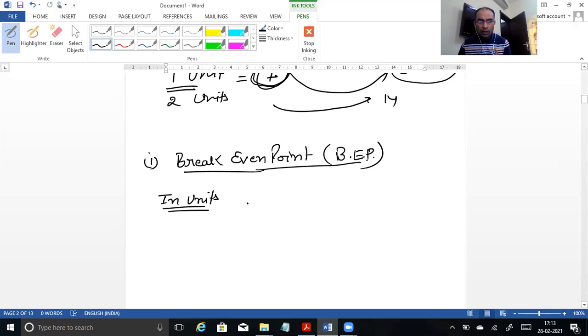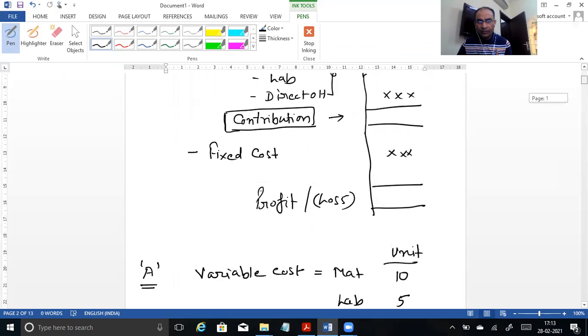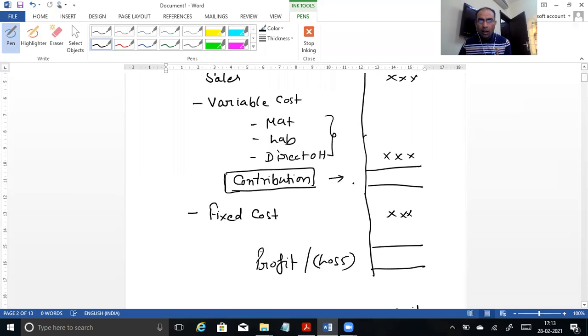It means total contribution is equal to total fixed cost.